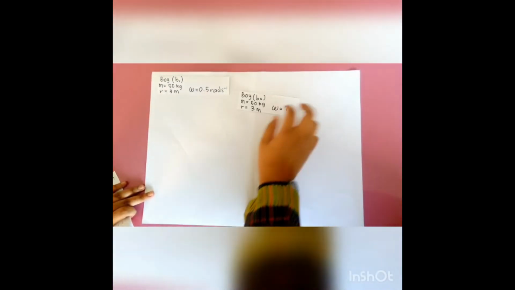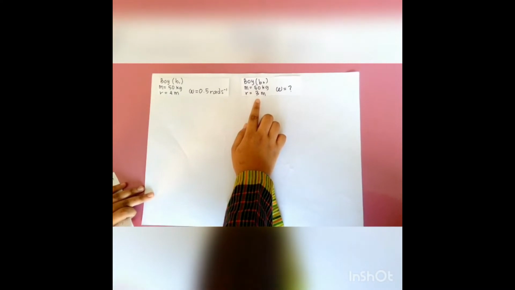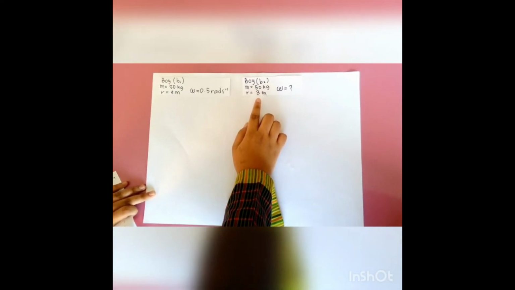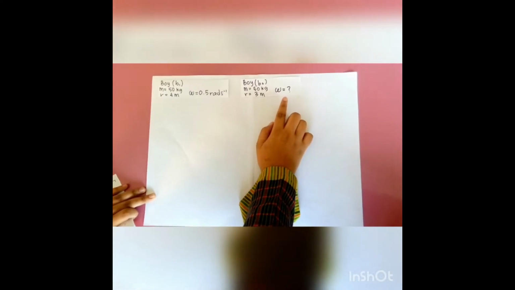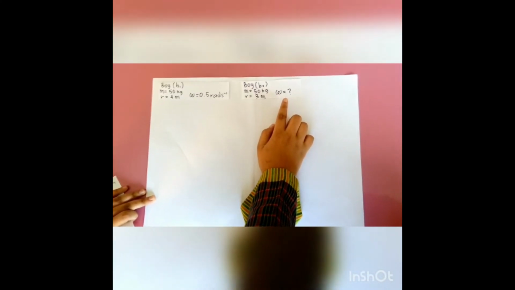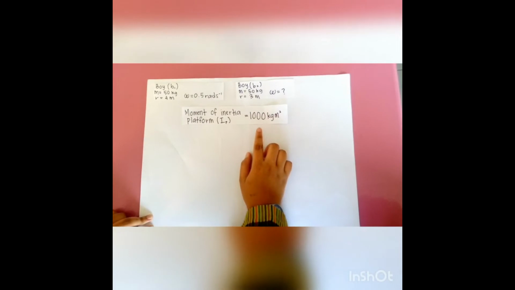Secondly, we know the radius of the boy decreased from 4 meter to 3 meter, but we must find the angular velocity. And then we have the moment of inertia of the platform is 1000 kilogram meter square.